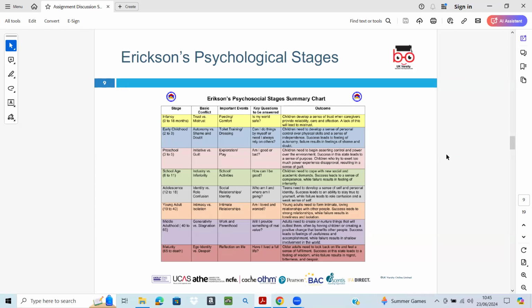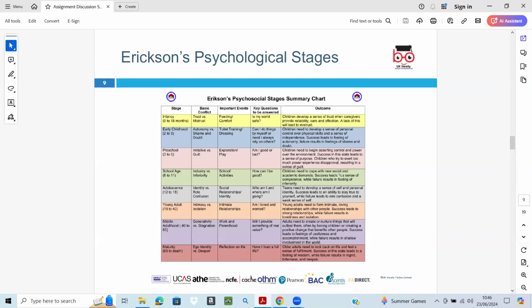Then in the next stage, we have industry versus inferiority. Okay, this stage is from 6 to 11 years of age. During this stage, children focus on developing competence in their abilities and skills, and success builds a sense of industry, while feelings of inadequacy can lead to inferiority.